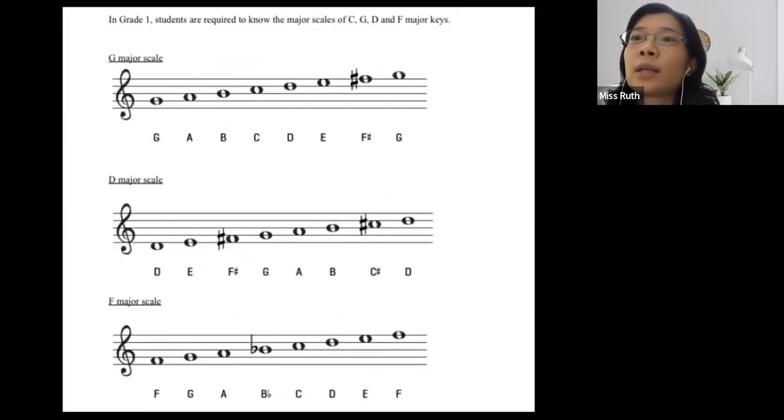Let's take a look at the G major scale as an example. Now we can understand why we need to raise the F to F sharp, because we need to be consistent with the pattern: tone, tone, semitone, tone, tone, tone, semitone.